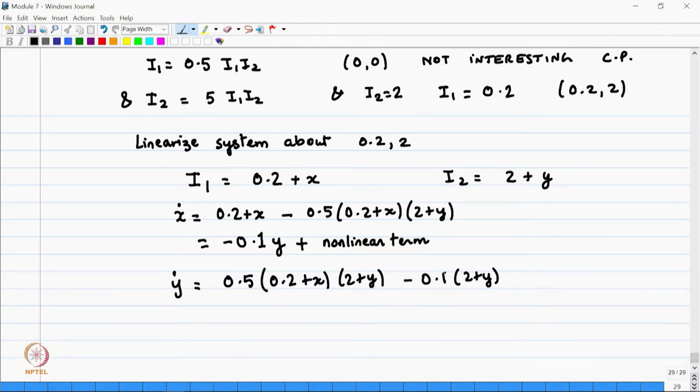So that will cancel the 0.2, and then you have 0.5 into 0.2 into y, that is 0.1 y, which will cancel that. So what you will be left with is 0.5 into x into 2, that is x, and plus nonlinear term.